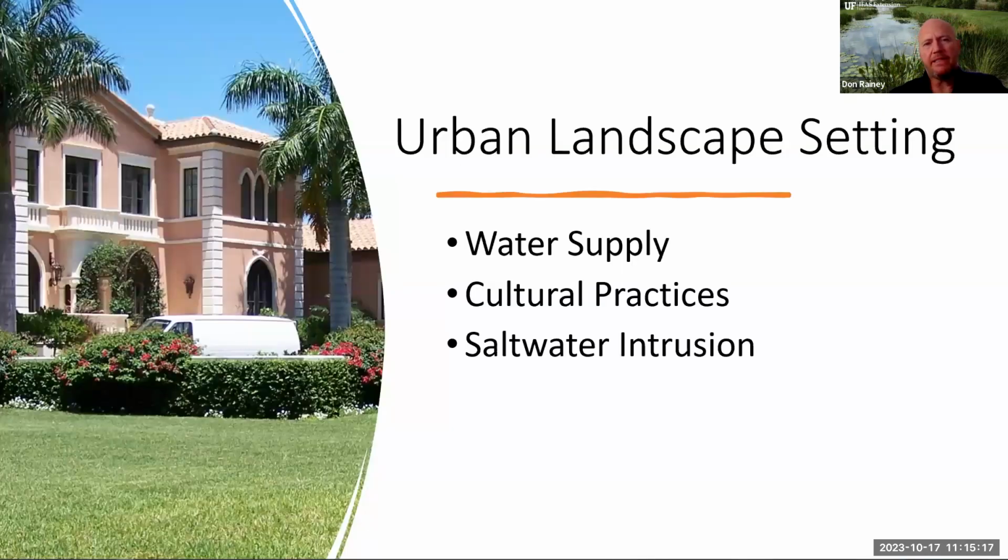So within the urban landscape, it's more or less, well, how do we get salts into our landscape? And it's through a couple of things, and one would be our water supply. It could be our cultural practices, going back to fertilization and some other cultural practices, or it could be saltwater intrusion. And saltwater intrusion generally has been directed toward groundwater because of our well systems or an influence that we have on our coast.